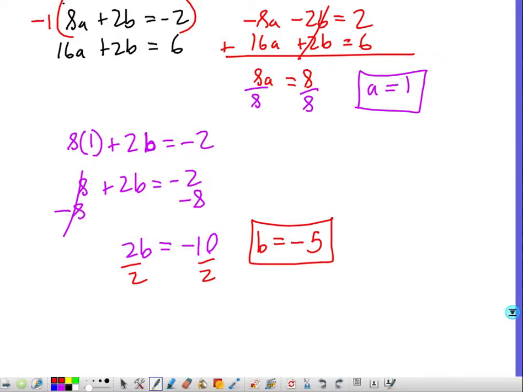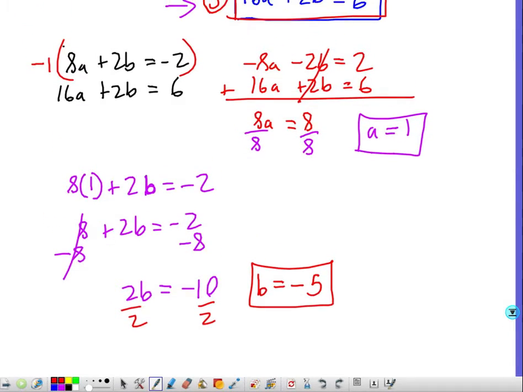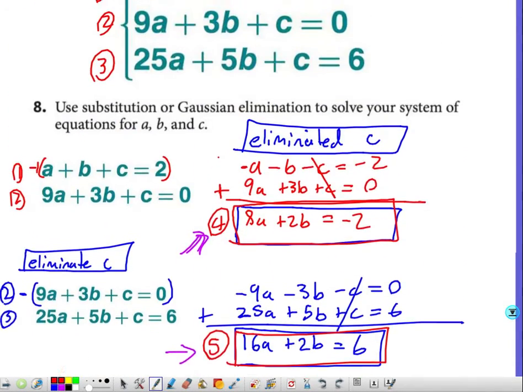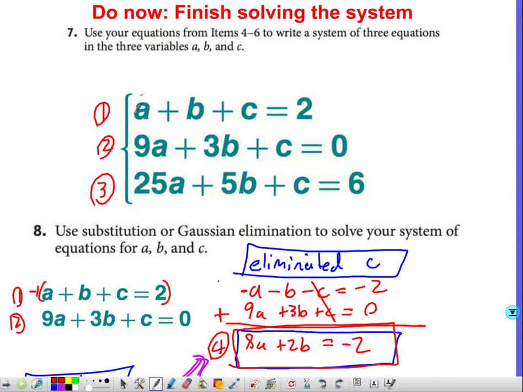Alright, we're getting closer. We have a and b, and now what we can do is take a and b and plug it into one of these 3 original equations. And so let's plug it into the first one. So we have a is 1 plus b, which is -5, so I just have 1 minus 5, plus c is equal to 2.